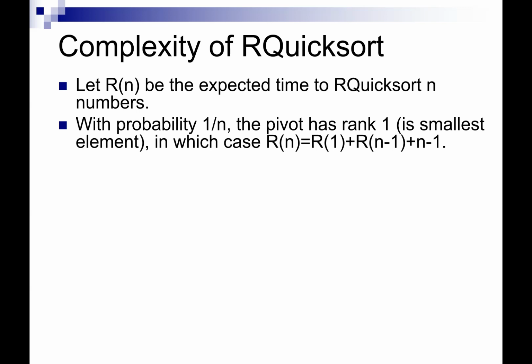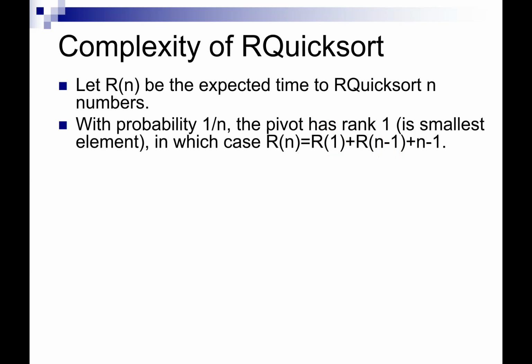One possibility is that we pick a pivot which is the smallest element. We're going to say that it has rank 1. This is very bad for us, because if this happened, then the running time to sort the n numbers would be the time to sort the one number, the pivot, plus the time to sort the remaining n-1 numbers, plus the time to do the partition, which is n-1.